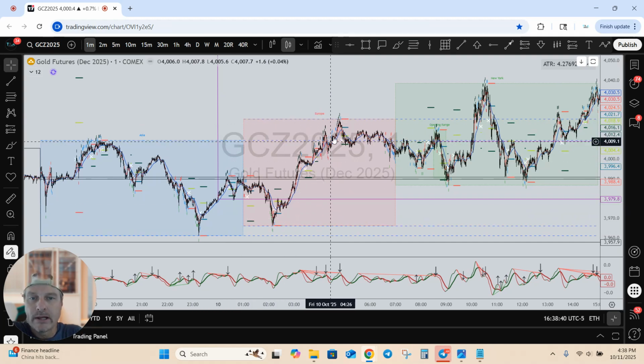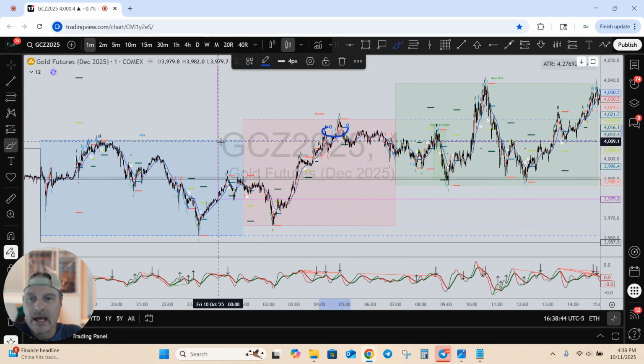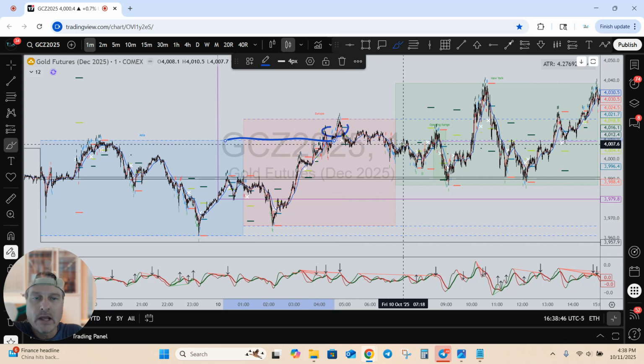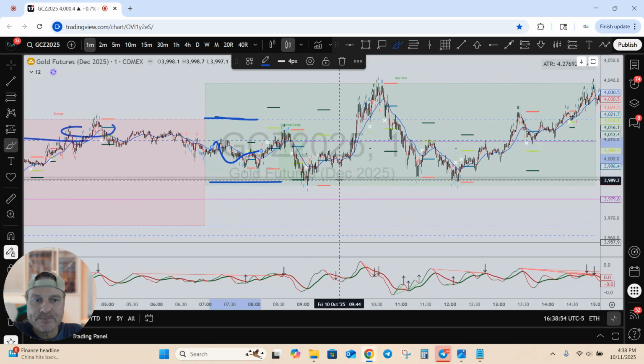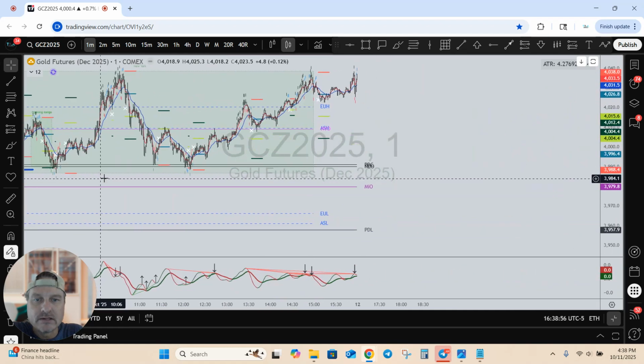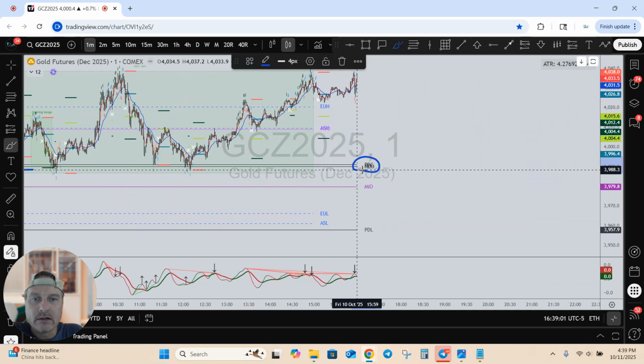So market was grinding higher. You can see that we took out the Asia highs right here in Europe. And then as we drifted into pre-New York right here, we were contained in a range. We immediately flushed down, and we came down to these levels right here. These levels were the prior day close and the new day open.